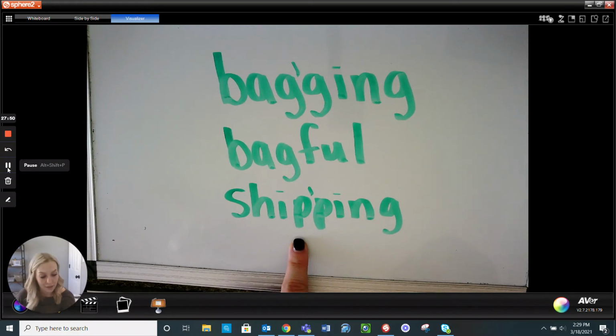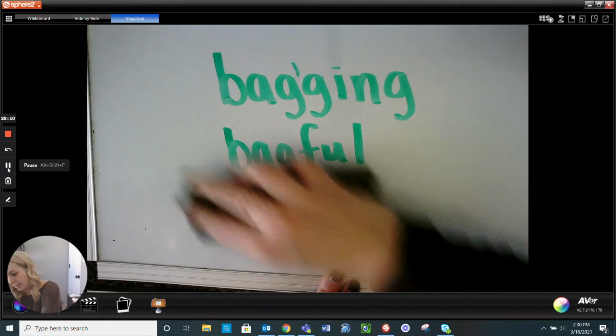Yes. Did we add a vowel suffix? Yes. So therefore, we need to double the last consonant, that P P right here, because the syllable before the suffix is stressed. Awesome. I'm going to write one more word, and I have to erase these words. Ran out of room.